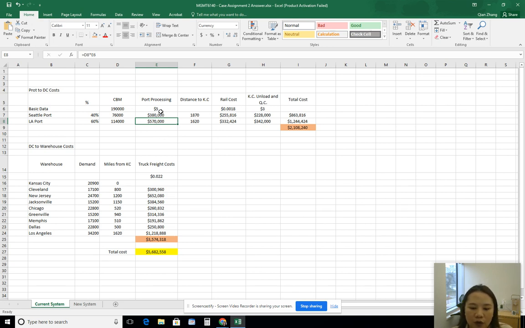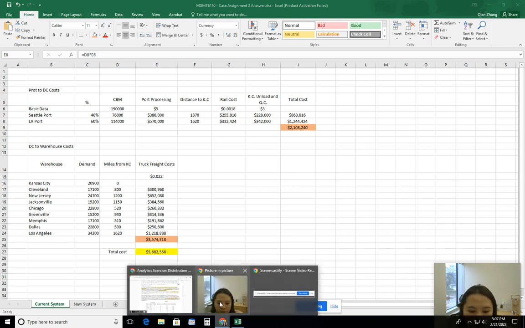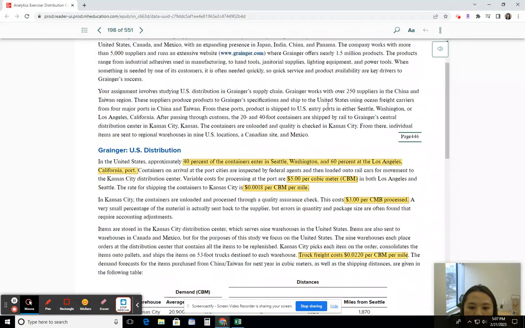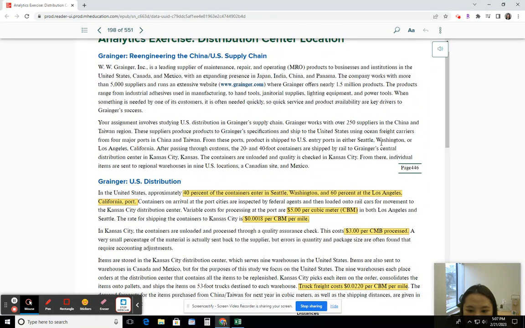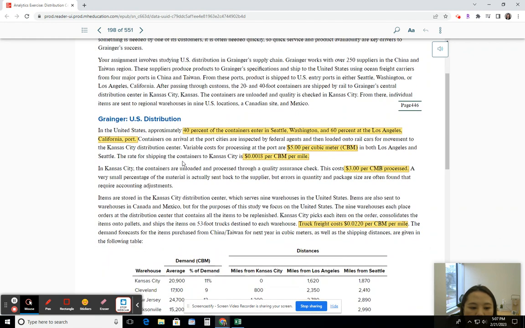Another fee we need to consider is the rail cost. We have two entry ports, Washington, the Seattle port, and Los Angeles, and we need to transport those imported products to Kansas, at 0.0018 per CBM per mile.